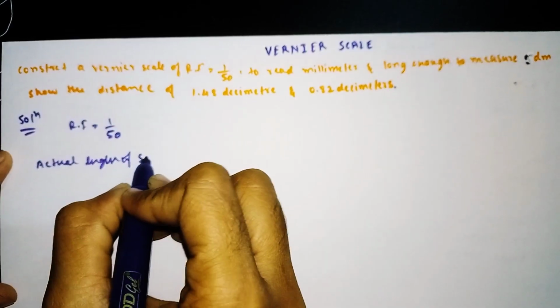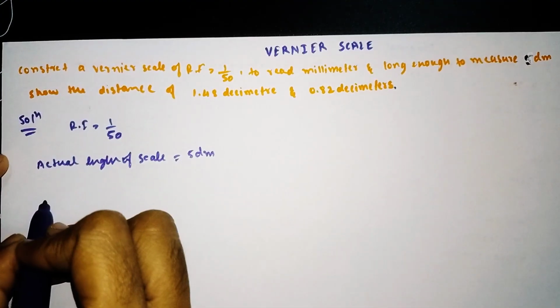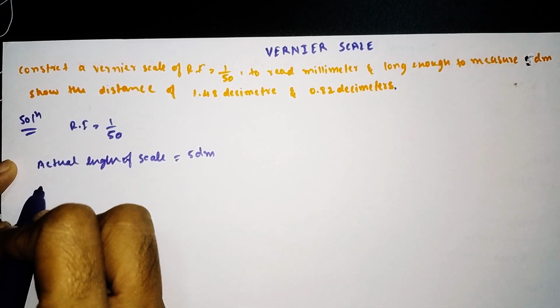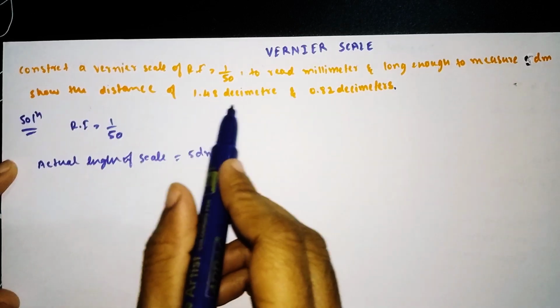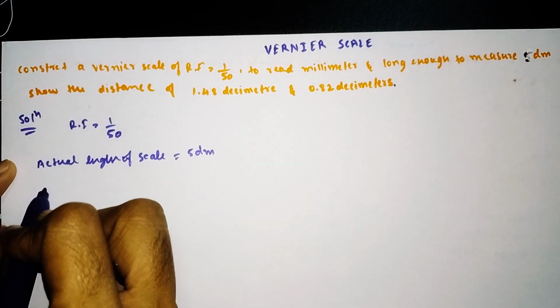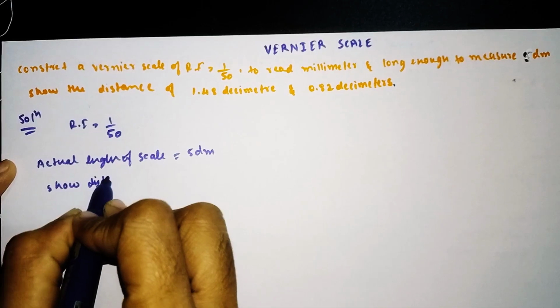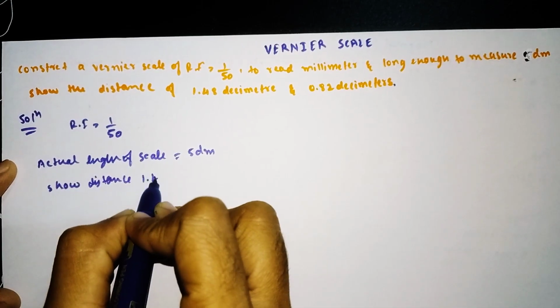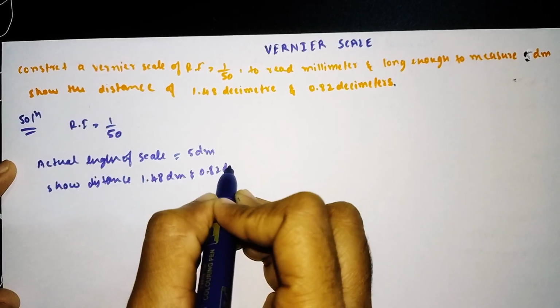And we need to show the distance of 1.48 decimeter and 0.82 decimeter.